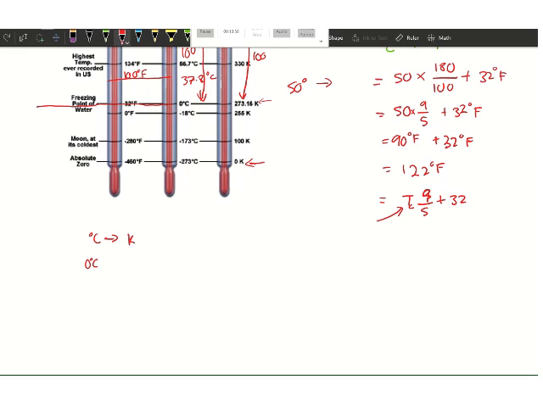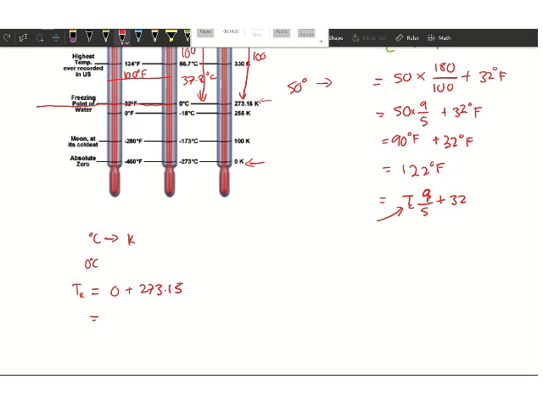Because we know that Kelvin is 273.15 at 0 degrees Celsius, the equation will be: the temperature in Kelvin would be 0 plus 273.15. Let's go to another example, 56.7.